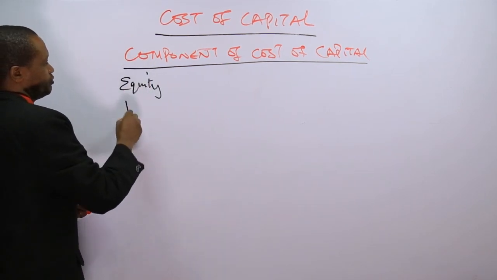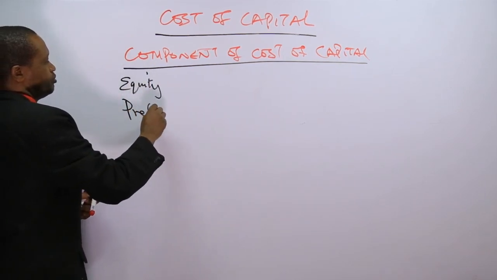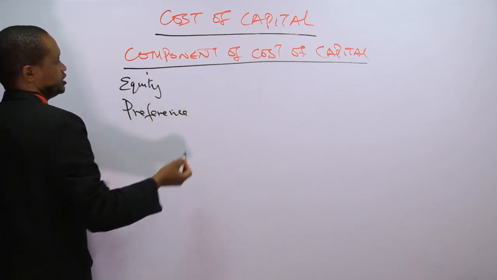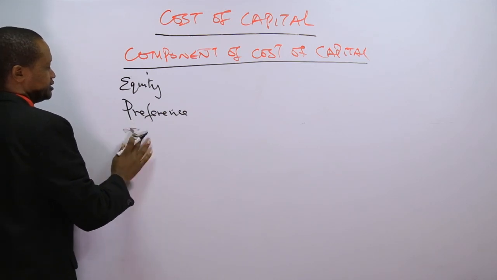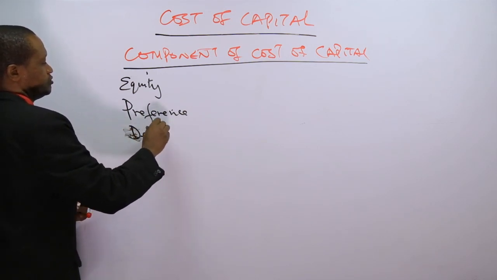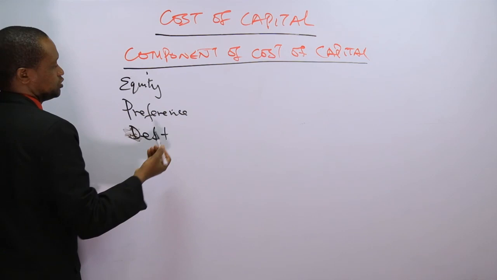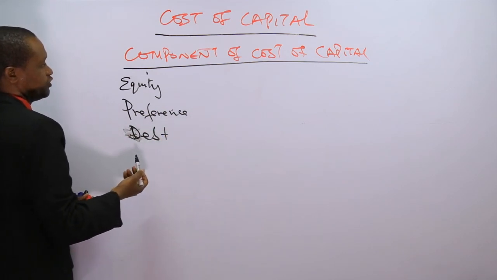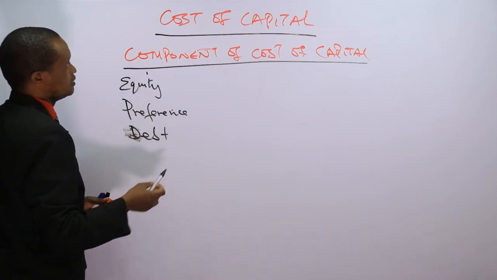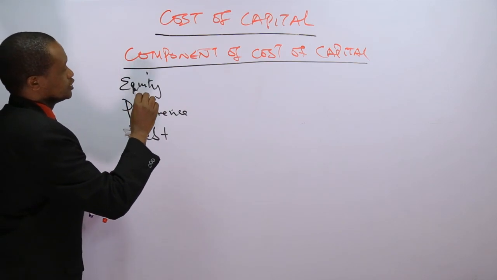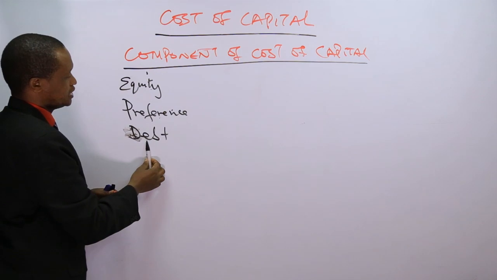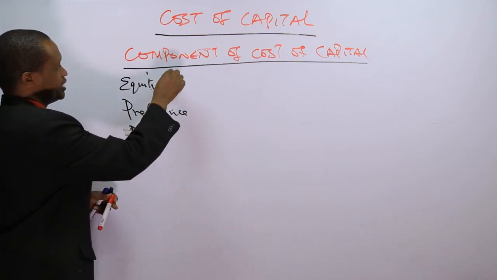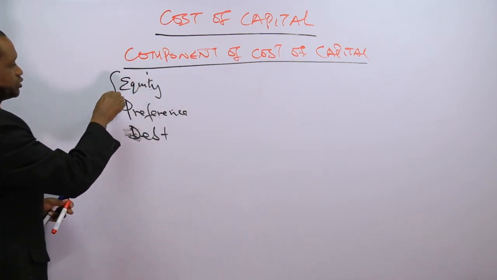We may also have preferred stock or preference share capital, and debt. Preference stock or preferred stock is a source of capital. Equity is a source of capital. Debt is a source of capital. So these are components of capital.